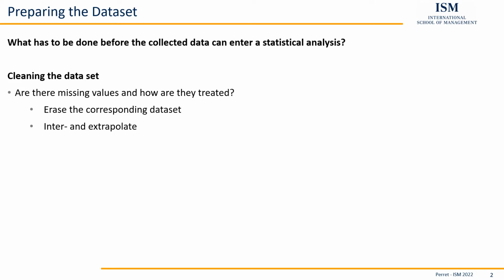What does this mean? Well, if I have, for example, time series data, and I'm missing only information about one year, but I have the information for the years before and afterwards, I can assume that the data develops linearly between these. So I can just calculate the average of the year before and the year afterwards, and I get an estimate of what the missing value could be.